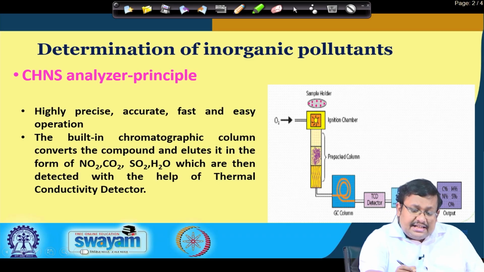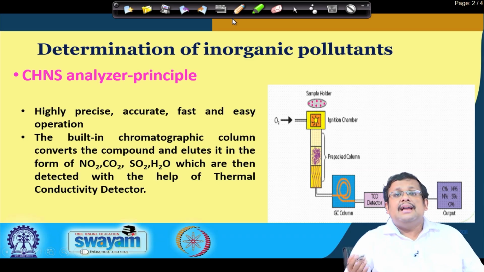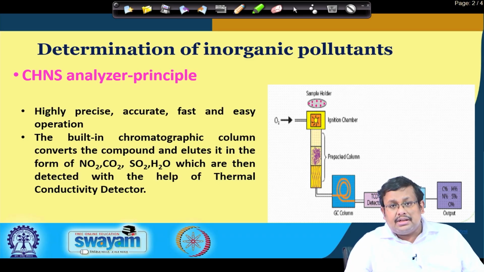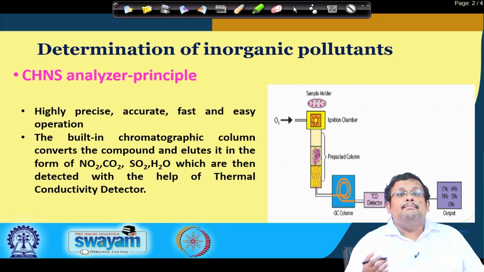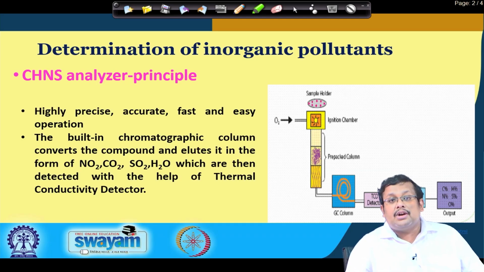Now, this instrument, as I told you, is highly precise, accurate, fast and easy to operate. This built-in chromatographic column converts the compound and elutes it in the form of nitrogen dioxide, carbon dioxide, sulfur dioxide and water vapor, which are then detected with the help of a thermal conductivity detector.